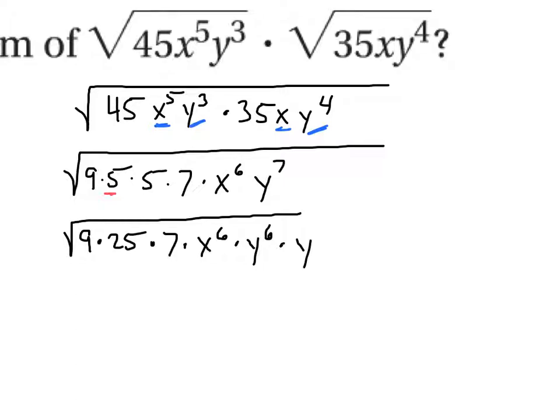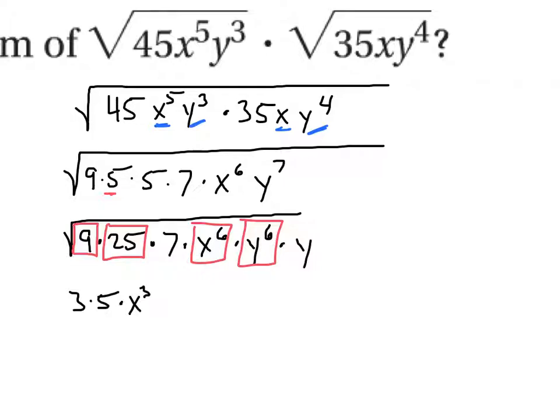Now we can go through and actually take the square root of our perfect squares. There are 4 of them. So what is the square root of 9? What is the square root of 25? What is the square root of x to the 6th power? Say it loud and proud. x to the 3rd.